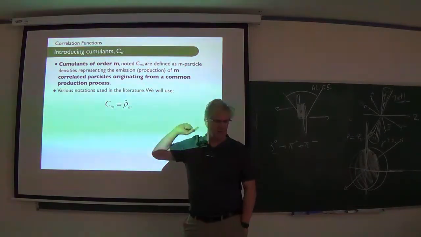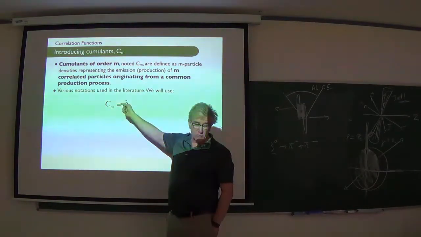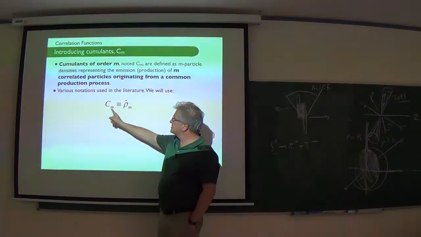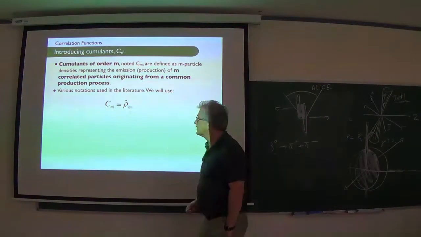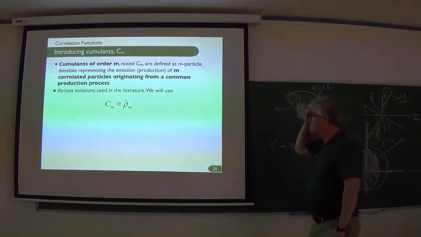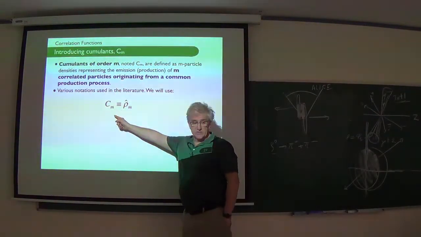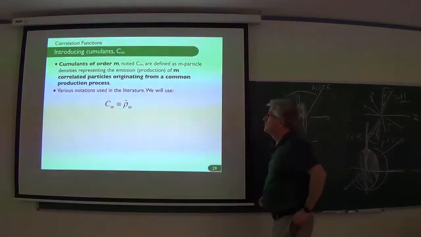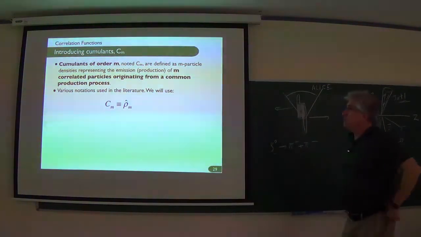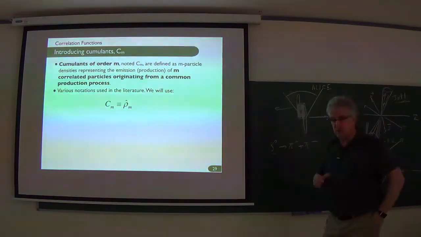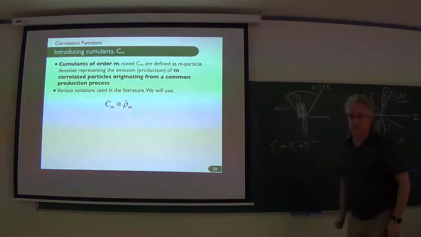The hat doesn't mean estimator, but it means cumulant. For whatever reason, people have liked this notation. You also see C for cumulant or correlator in the literature. In this presentation, I will use C to denote cumulant. What I mean by cumulant is a density of particles involving n particles, all of them being correlated with one another.